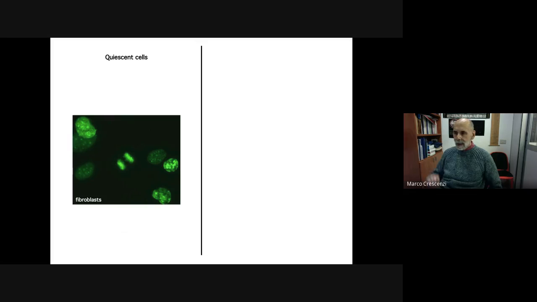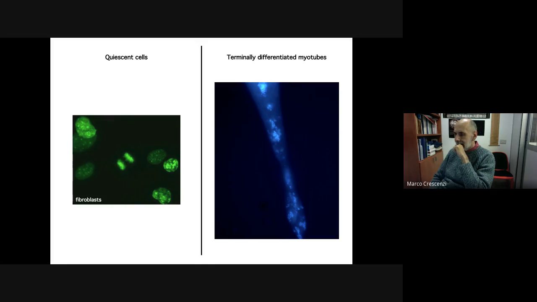This picture shows that when we reactivate quiescent fibroblasts, for example, mitoses are regular. This is a nice anaphase. There's nothing to say about it. If you reactivate myotubes in the same way, again, they undergo mitotic catastrophe. What is a mitotic catastrophe?